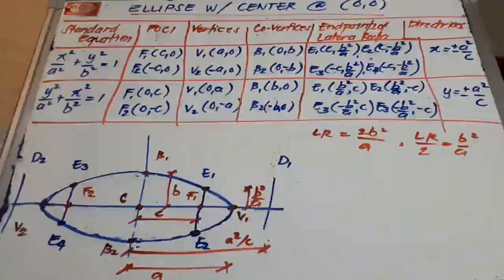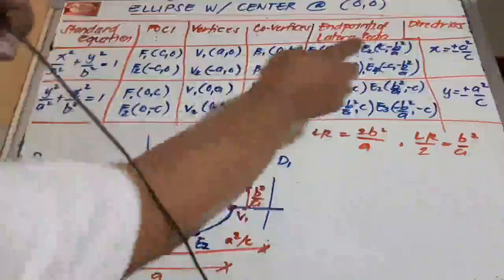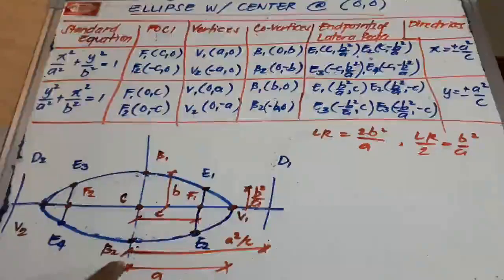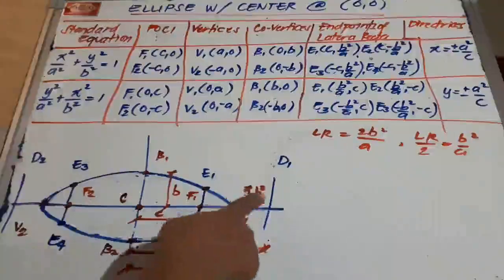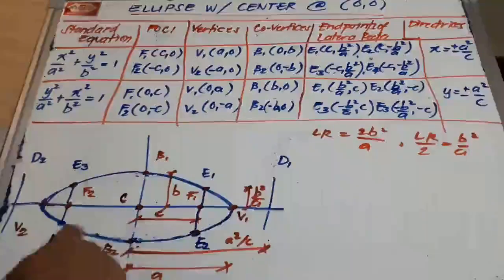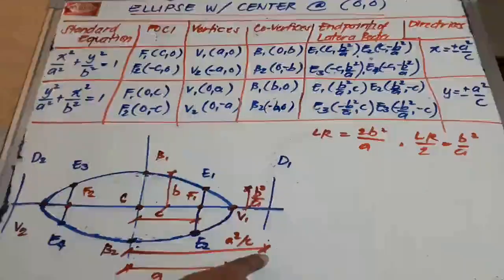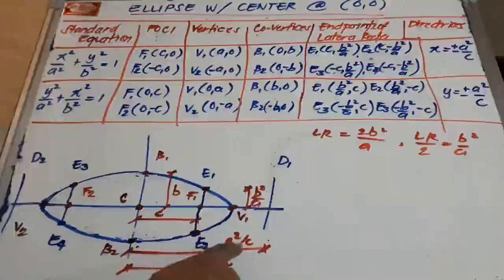Okay? Now, when it comes to the directrices, the equation of the directrices is x equals plus or minus a squared over c. Yung a squared over c is actually yung horizontal distance of the directrix from the center of our ellipse. So sa makatwid, from here up to this point, ang layo nun is a squared over c.